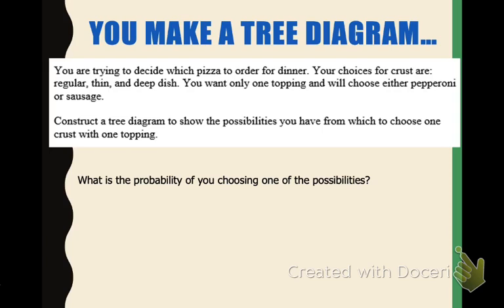All right, and that means we have 1 out of 6 chance of getting that possibility, which is 16.7% chance of ordering like deep dish pizza with sausage on it.